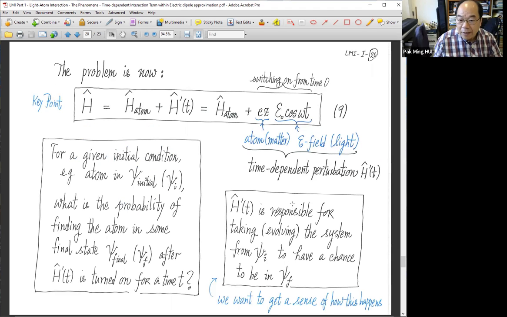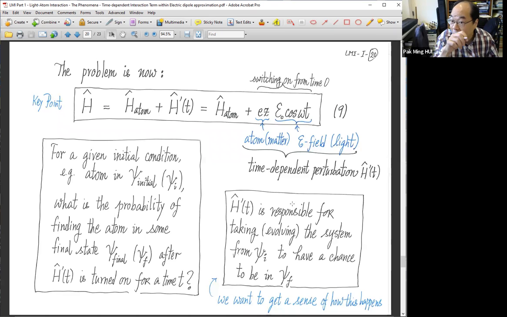So let me define the problem, and then we will take a break, and then we will try to see how to solve equation 9 here. So now we have a take-home problem to do. The full Hamiltonian has been changed. We have the atom Hamiltonian plus H prime. I emphasize the time dependence here.